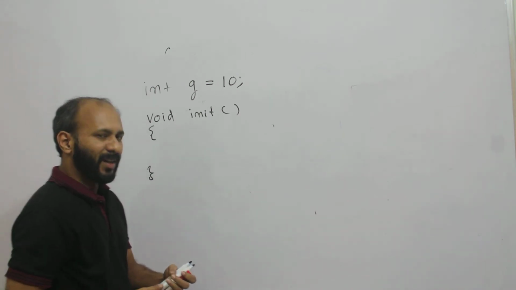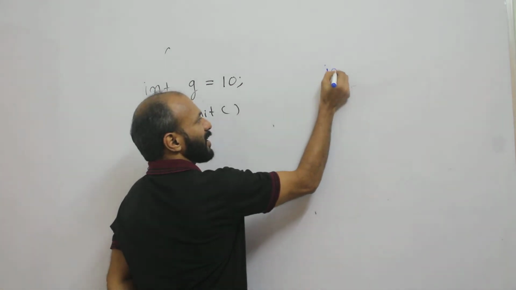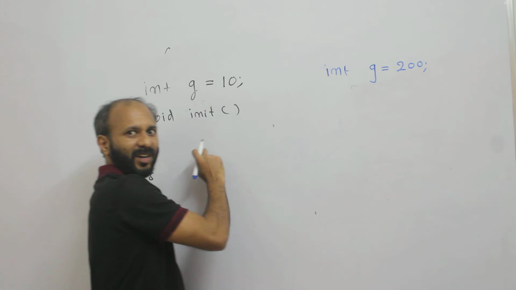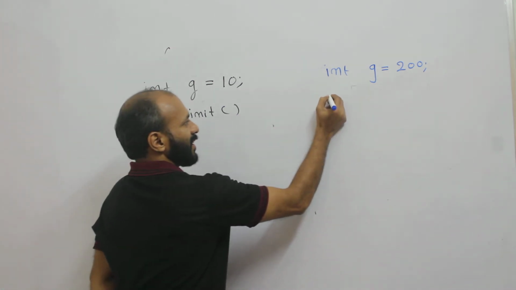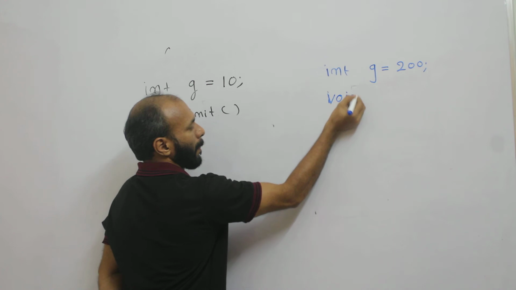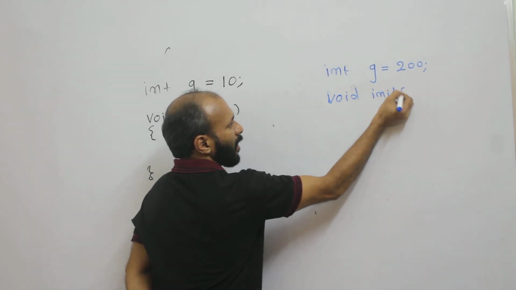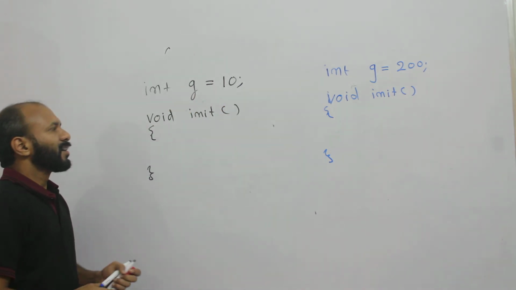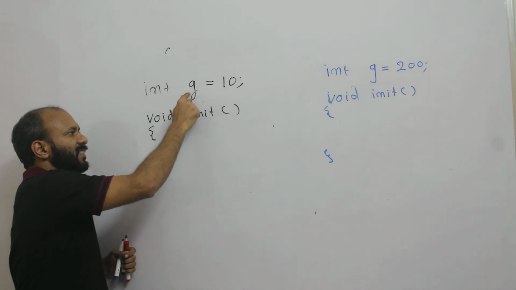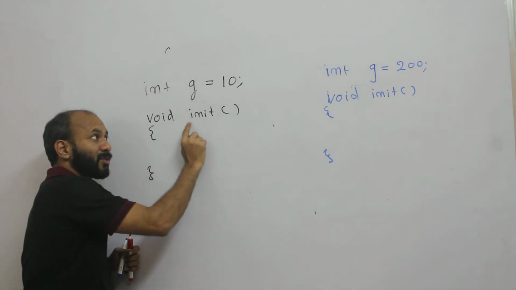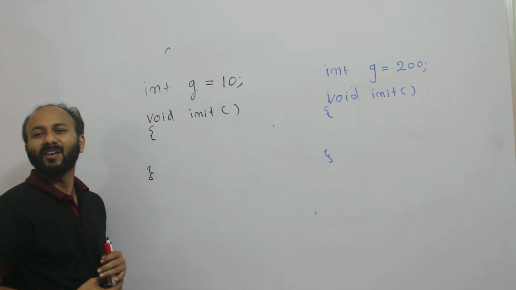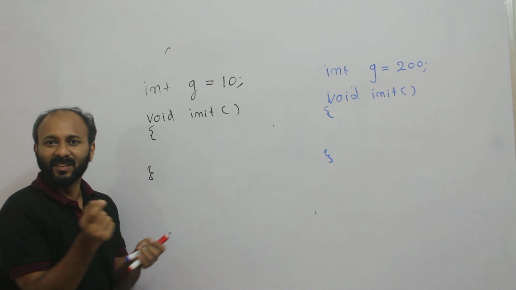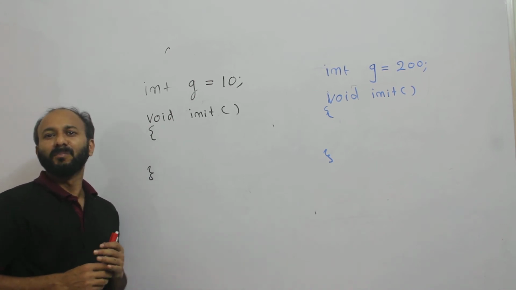Inside another module, I have the same global variable int g, which is equal to 200, and the same function name void init, but the implementation of the function is entirely different. Now I am going to associate g and init with some name, and then I can avoid name clashes as we discussed earlier. I am associating one Mini with small and the other with big.